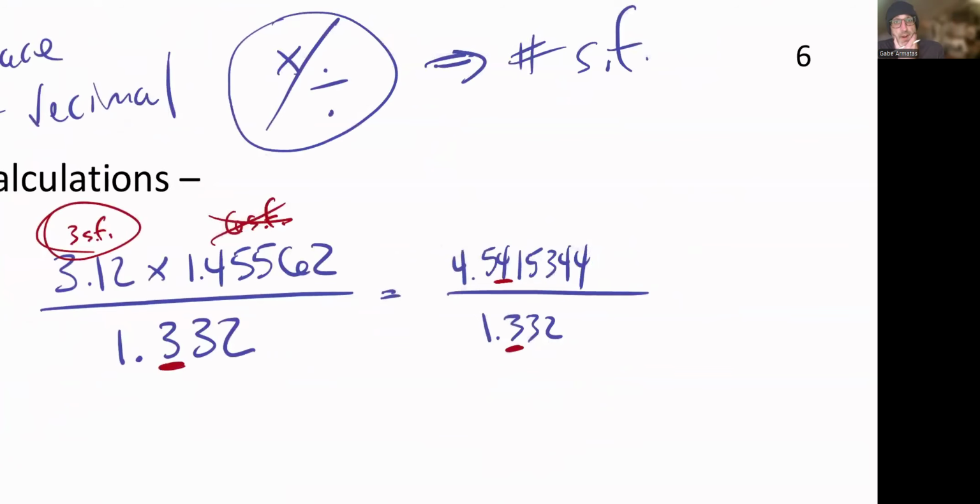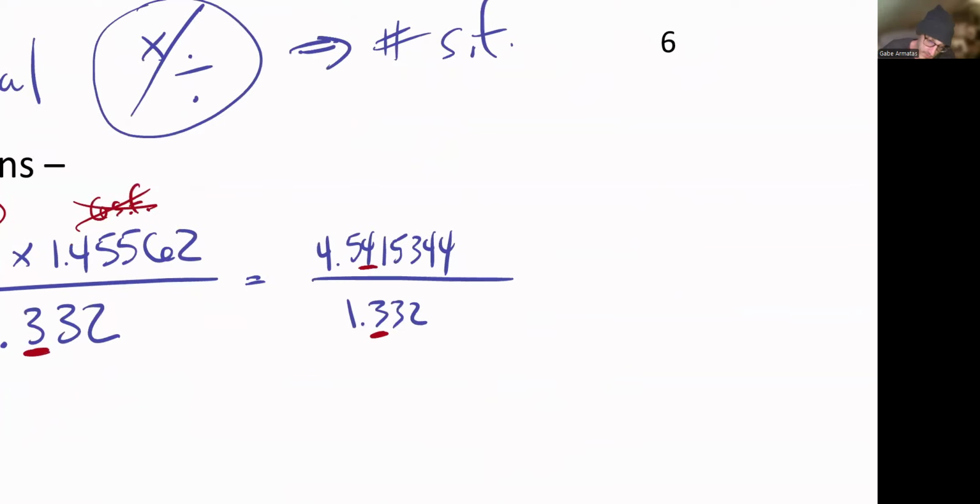Again, we go to PEMDAS. We're up to multiplication and division, and there's only one operation left. So I'm going to plug this into the calculator, the number that was already in there, divided by 1.332. I end up with 3 point, and this goes on forever in my calculator.